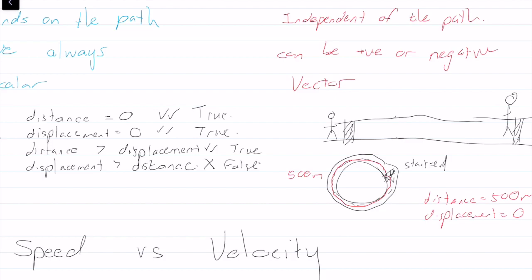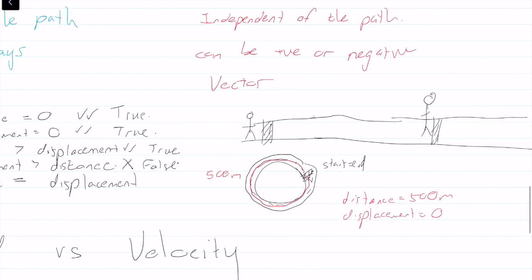The next question I'm going to ask is, can the distance be equal to the displacement? And that would be this case right here. Let's look at distance in blue.